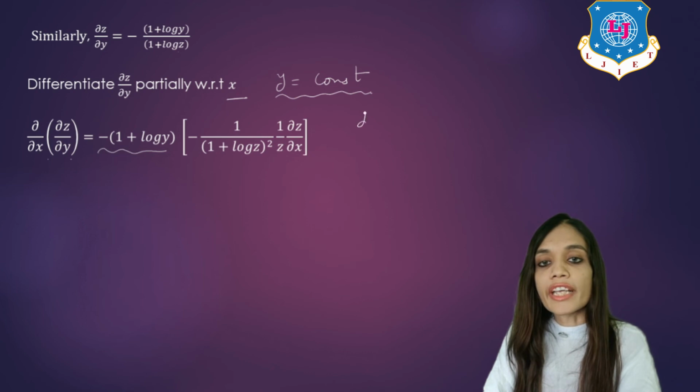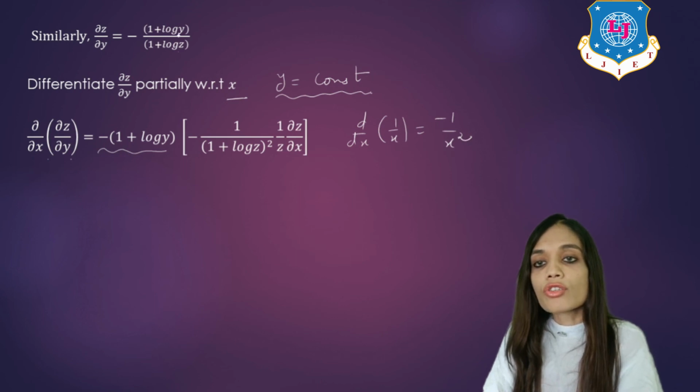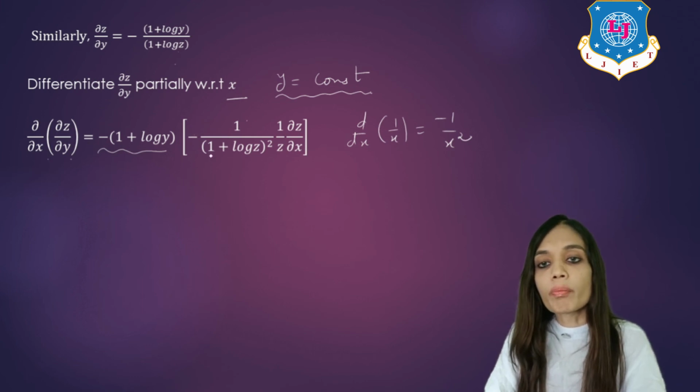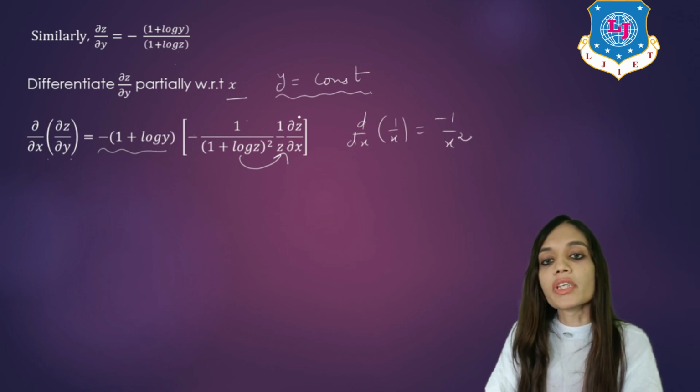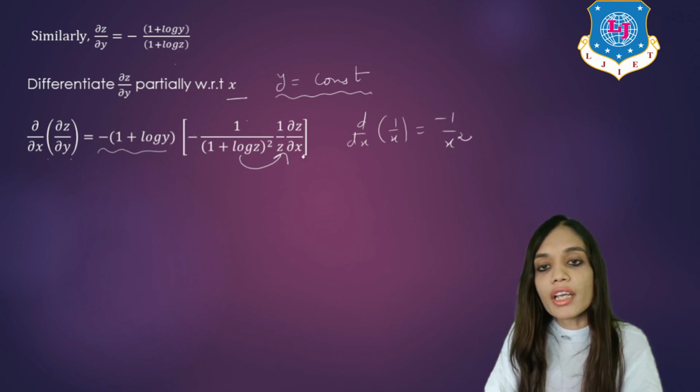So we know the derivative of 1 upon x will be equal to minus 1 upon x square. So the derivative of 1 upon (1 plus log z) will be equal to minus 1 upon (1 plus log z) whole square. Now using the chain rule, the derivative of log z will be equal to 1 upon z and the derivative of z will be equal to del z by del x.